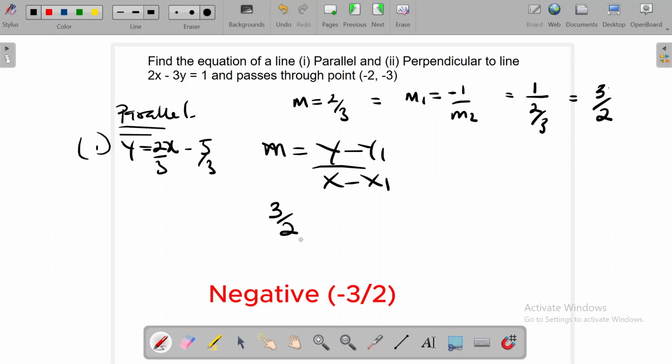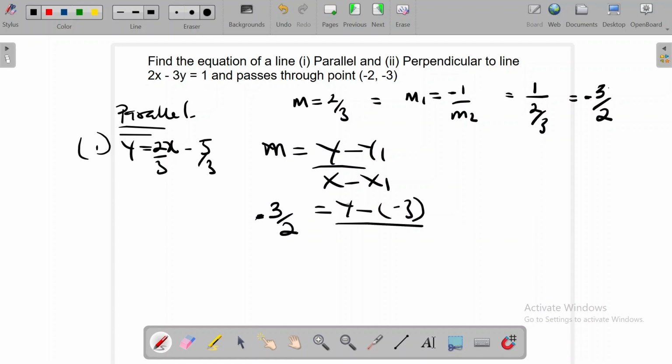Remember initially we used 2 over 3, but it becomes 3 over 2 because it is perpendicular. Before I forget, it is the negative inverse. So I need to put a negative sign here. y minus, what is my y1 in this case? That is negative 3. x, this is negative 2.